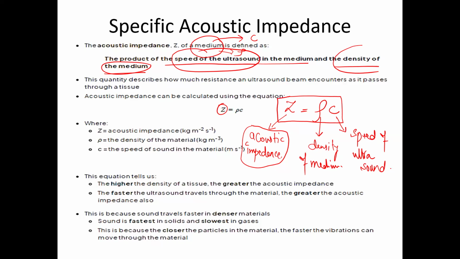So the density of a medium multiplied by the speed of ultrasound will be equal to acoustic impedance. Are you understanding? Yes, sir. The concept of specific acoustic impedance. So the product of the speed of ultrasound in the medium and the density of the medium is known as specific acoustic impedance.